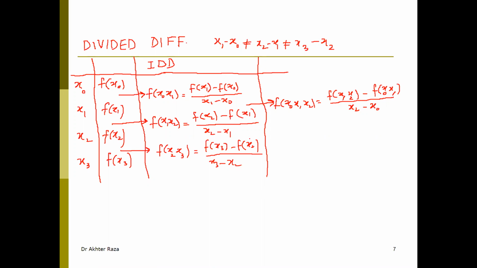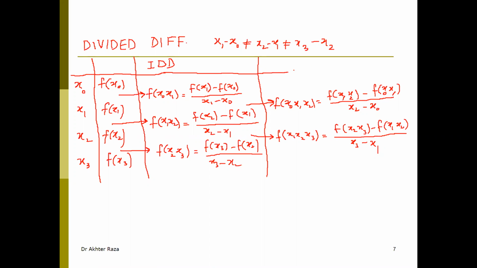Now the next column will be f x1, x2, and x3, equal to what? f x2, x3 minus f x1, x2 divided by x3 minus x1.